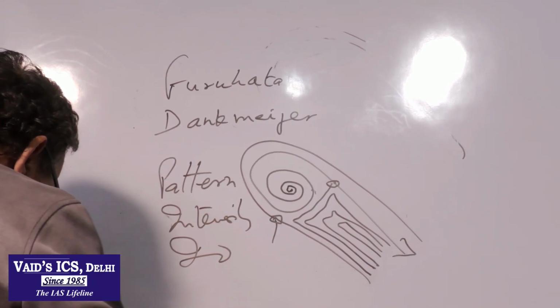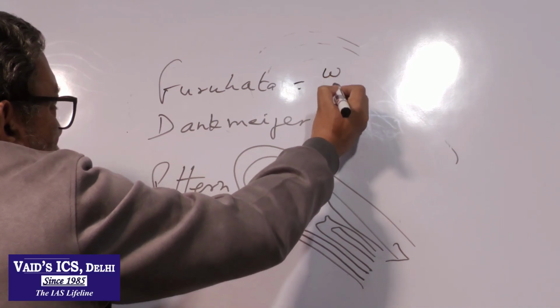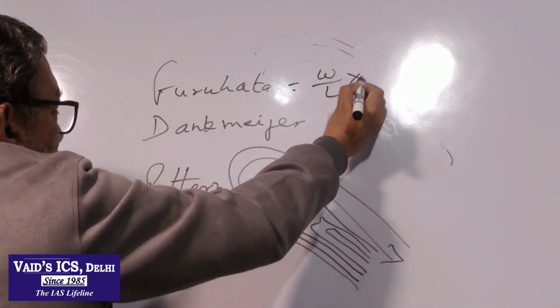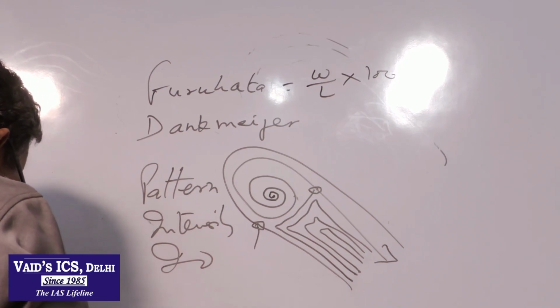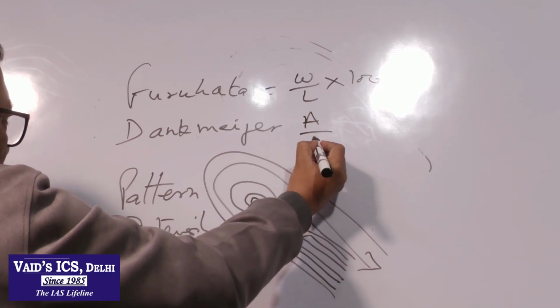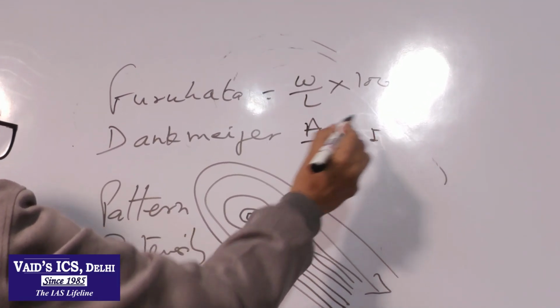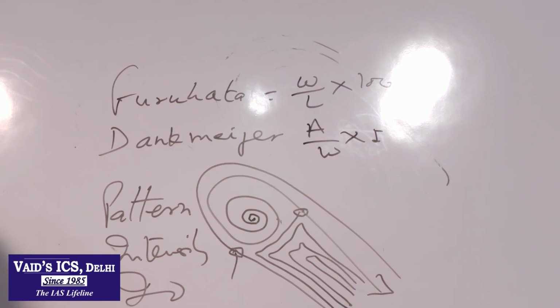Simple formulae are there: whorls divided by loops into 100, then arches divided by whorls into 100, and this is a slightly complex pattern intensity index.